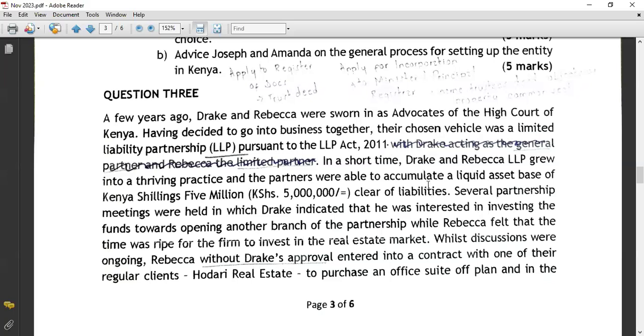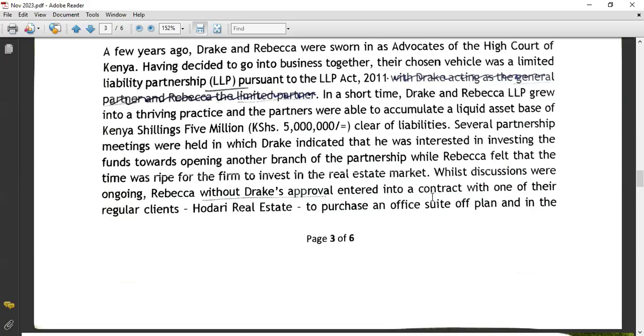In short time, Drake and Rebecca LLP grew into a thriving practice, and the partners were able to accumulate a liquid asset base of 5 million, clear of liability.